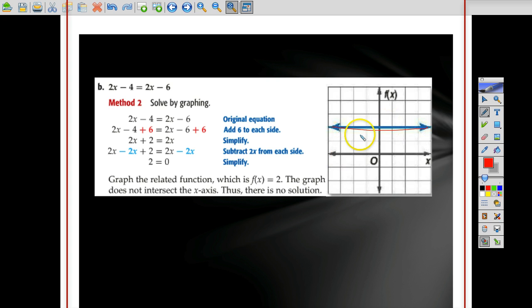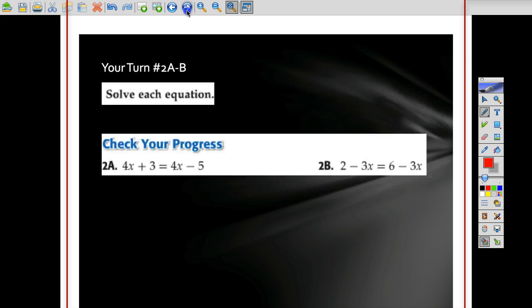So it does not meet on the x-axis, so there's no solution. There's no place where it meets on the x-axis. Okay, so here's your turn 2a, 2b. Solve each equation, and tell me if there is a solution, and if not, write no solution.